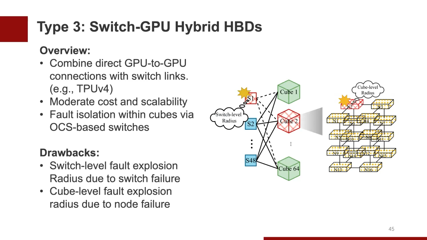This has moderate interconnection cost and scalability, however, it still has several drawbacks. The first is the switch-level fault explosion radius due to OCS-based switch failure. Second, it also has a cube-level fault explosion radius. Any node failure within the cube can cause a degradation in communication performance across the entire cube.